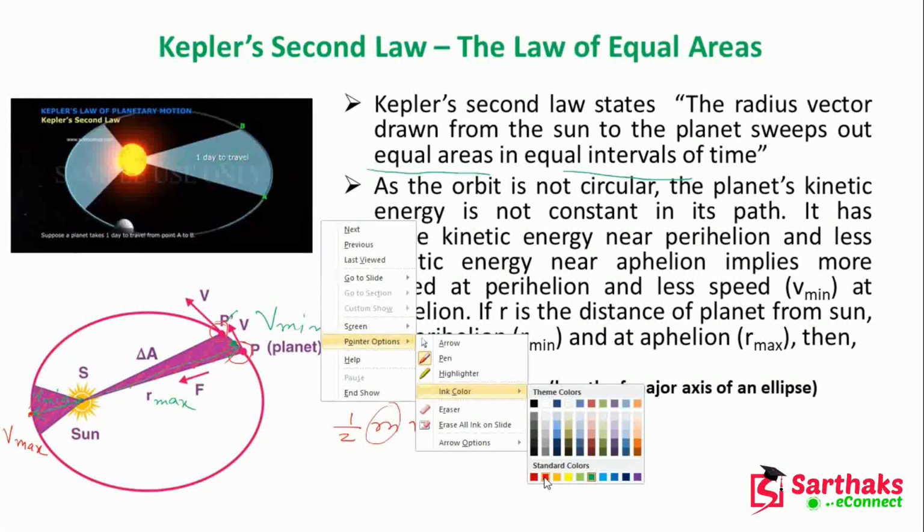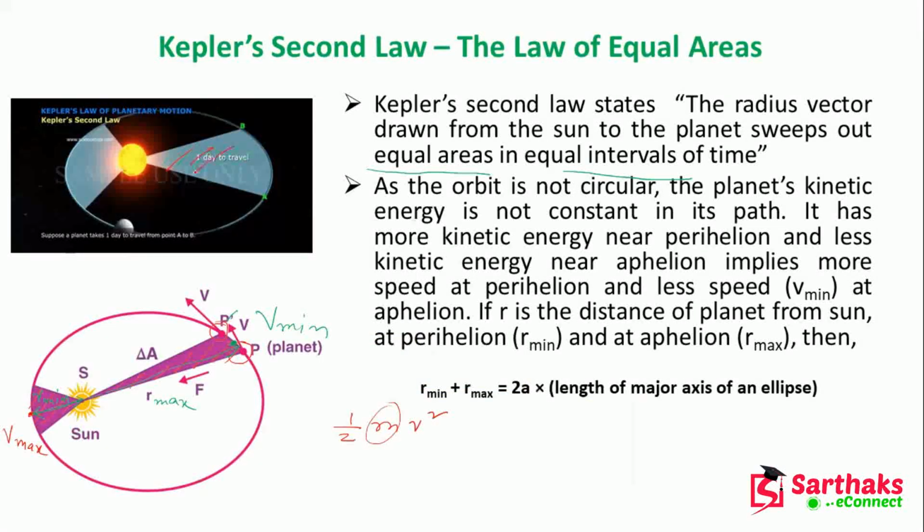Let's change the color. And whenever you have the same 1 day, this will be the area. Both areas will be the same. But remember one thing always, for equal intervals of time. Again, I am repeating the term, for equal intervals of time. So you should remember this.